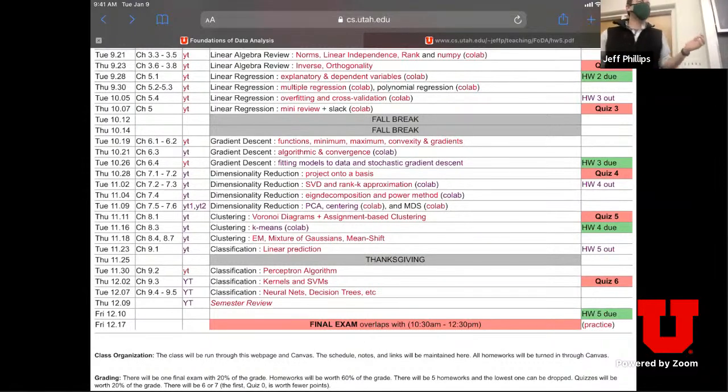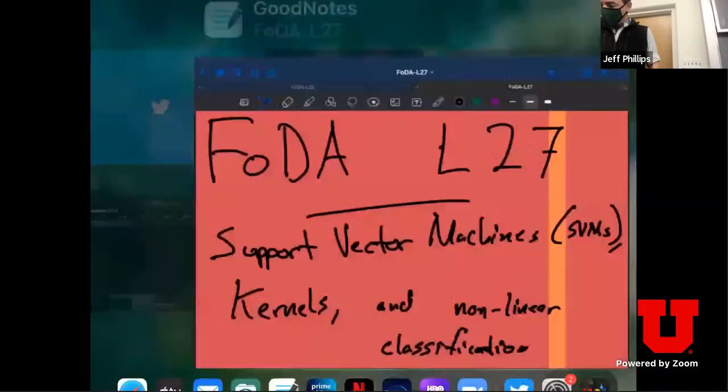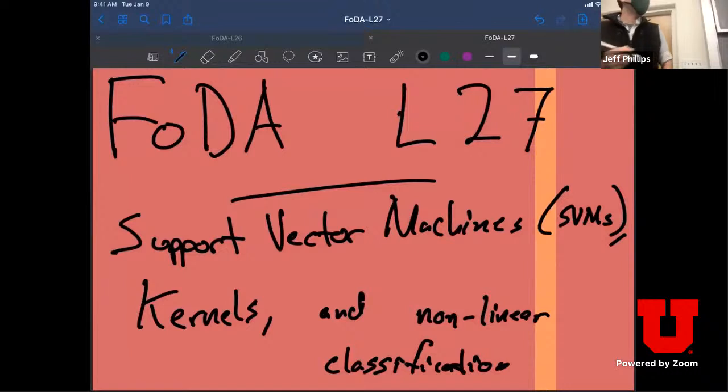We'll review some important aspects about classification, but we won't go over things about clustering, which will also be on the quiz. So if there aren't any questions, I'm happy to go on with the lecture. We can cover a little bit more about kernels then.